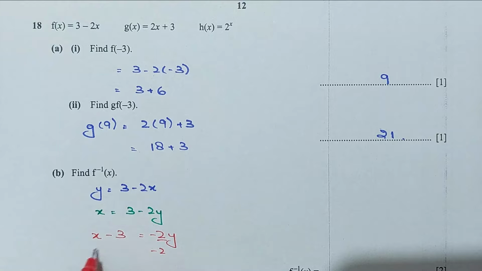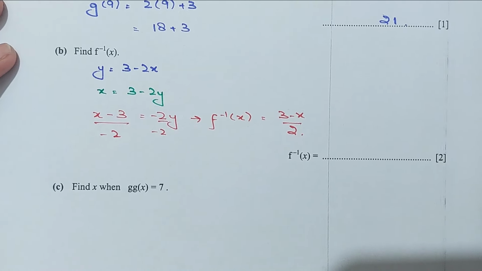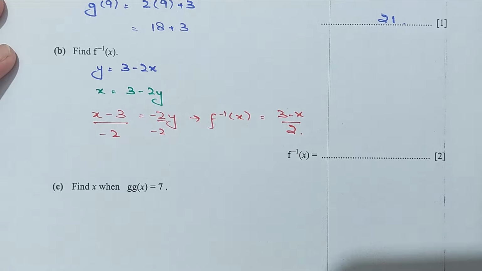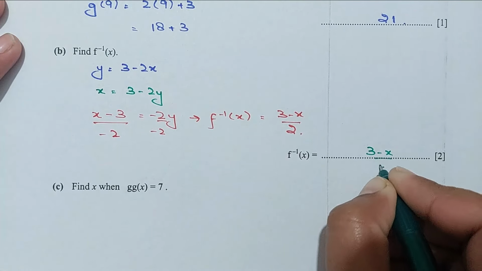Dividing by minus 2 on both sides. Right? So we can say f inverse of x is 3 minus x divided by 2. What I did over here, I just took the negative sign from the numerator and the denominator and cancelled it out. Or you can keep it as x minus 3 by negative 2.